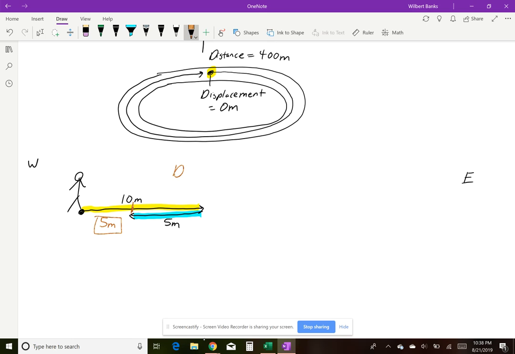Therefore, his displacement equals 5 meters. And what's also important, since the displacement is a vector, I must also indicate the direction. So I know that he was heading east. So it'd be 5 meters east. So he's 5 meters east of where he was before.